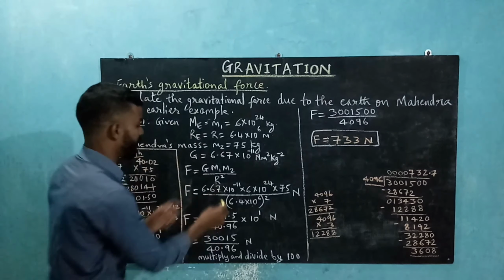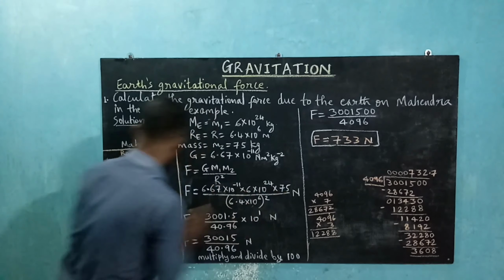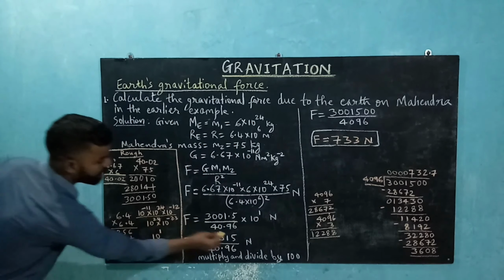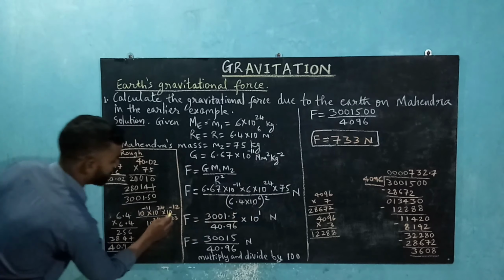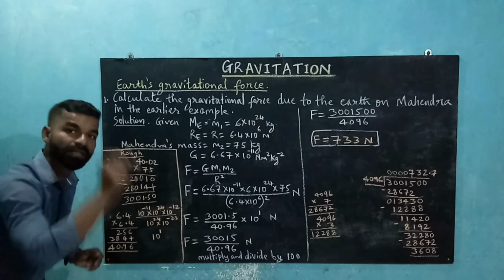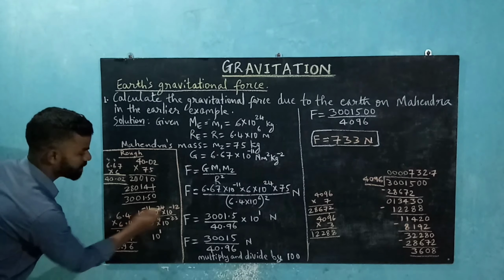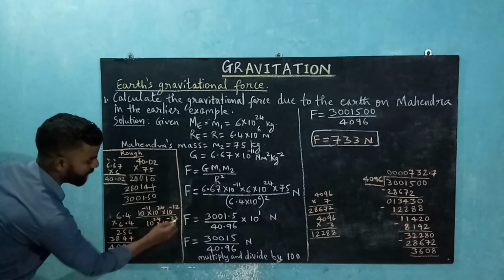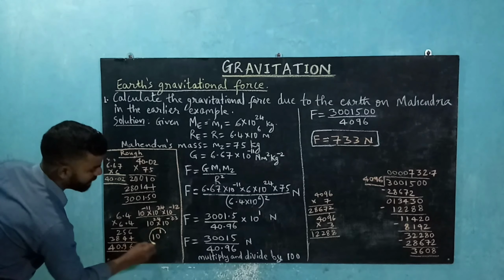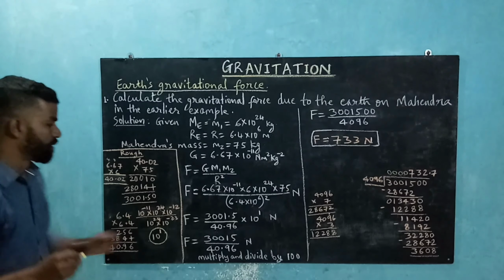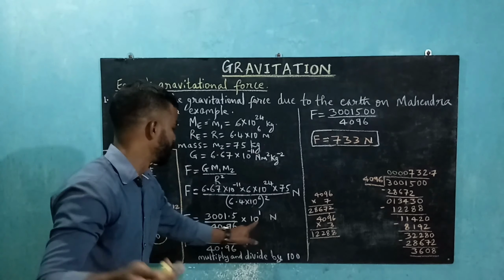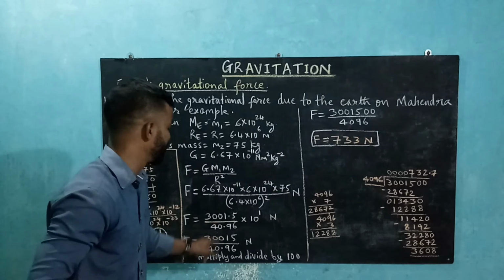So these three numbers we are taking separately over here: 10 raised to minus 11, 10 raised to 24, and 10 raised to minus 12 in the numerator. This minus 11, this minus 12 becomes minus 23. And then 24 minus 23 becomes 10 raised to 1. So multiply by 10 raised to 1, which is nothing but 10. This 10 we can multiply over here.